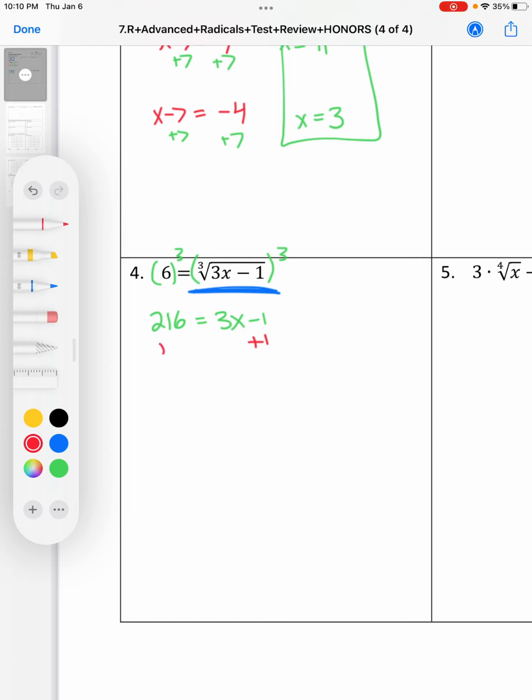Add 1 to both sides, so 217 = 3x. Divide by 3, so we get x = 217/3. That's our answer. I'll leave 5 for you to do.